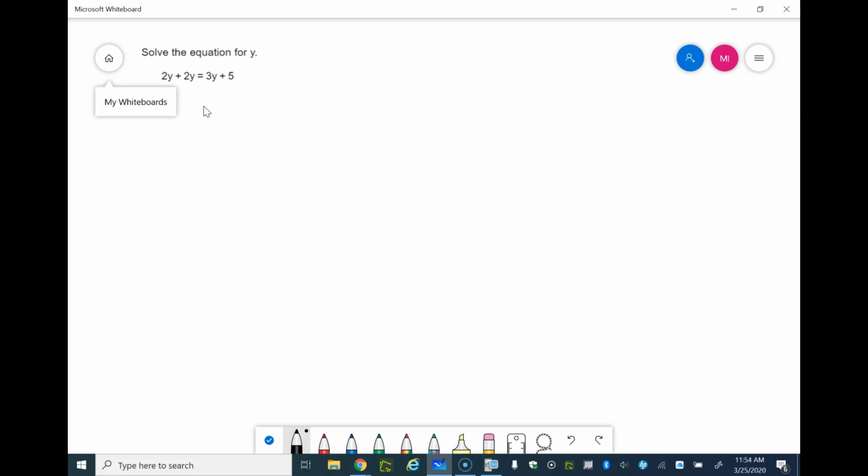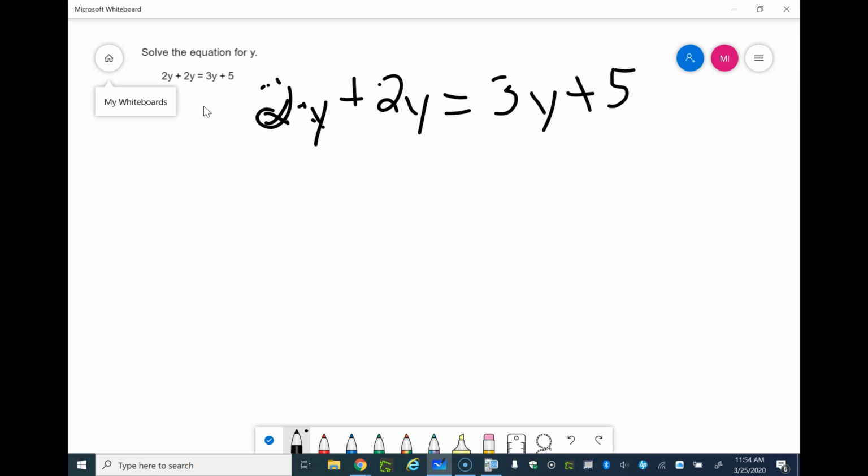So, what I usually do is I tell students this equal sign, I want you to make a wall.